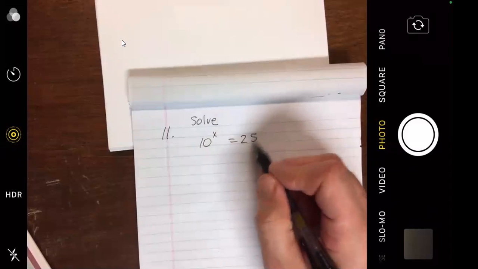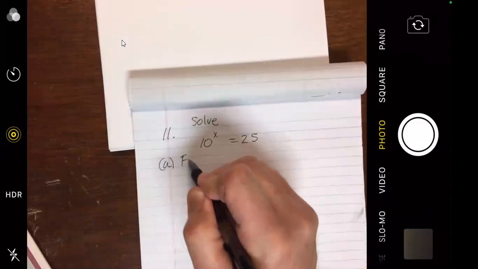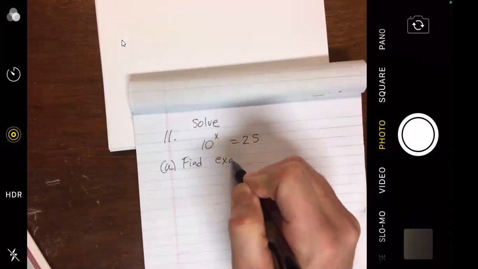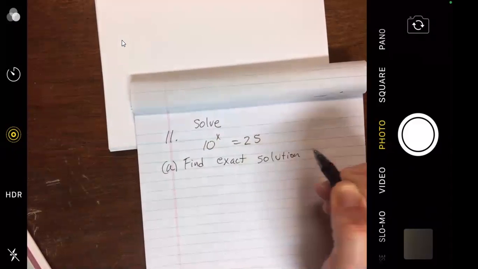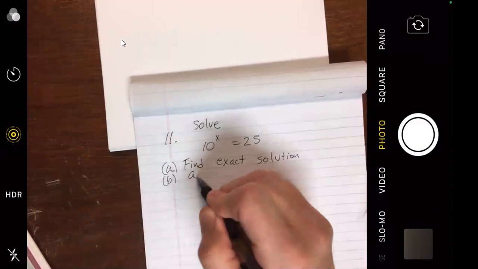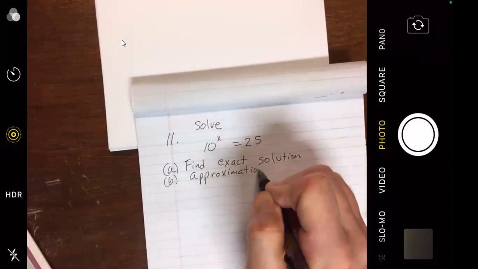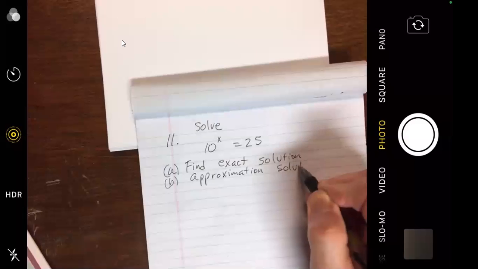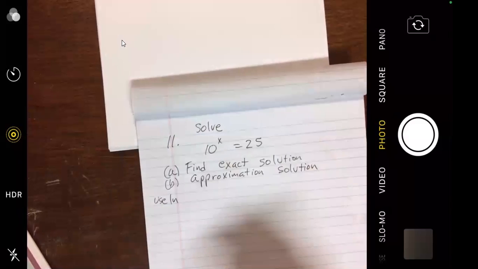It's not going to work out easy like the first section did. In part A, they want an exact solution. And part B, approximate solution. So I'm going to use ln.